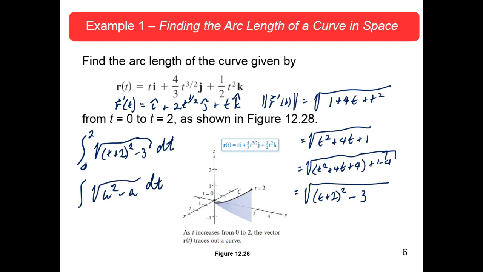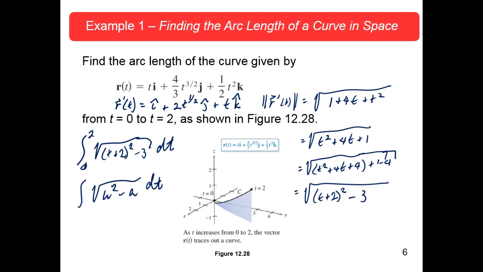But anyway, here's what we're going to look for in the table. So if you go back to the table, it's in the second appendix in the text. And what we're looking for is forms that are either u squared minus a or the square root of u squared minus a.